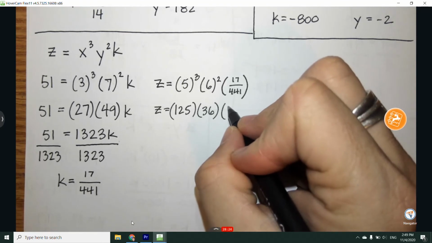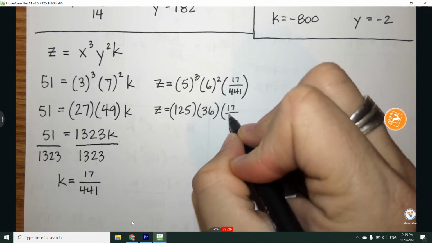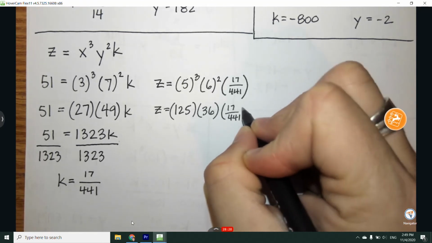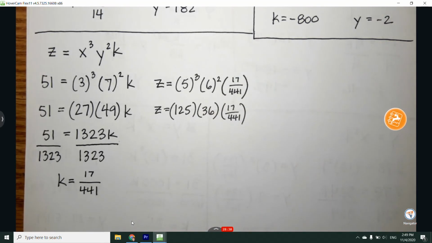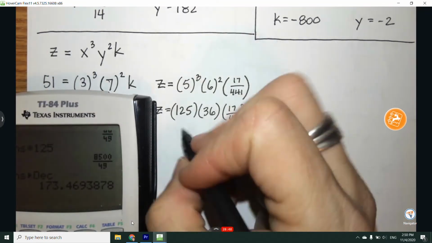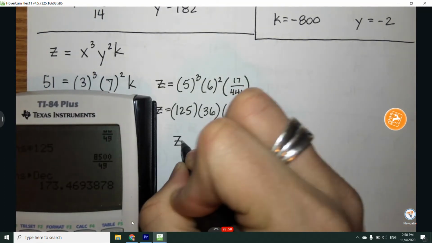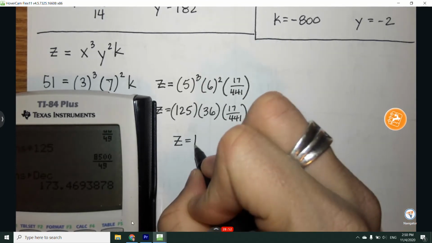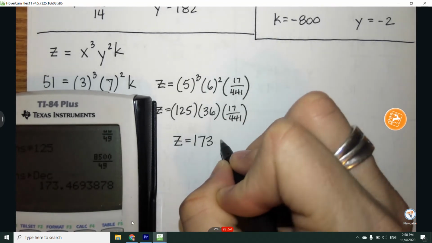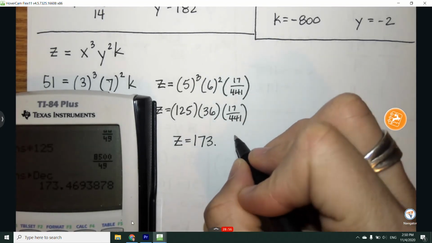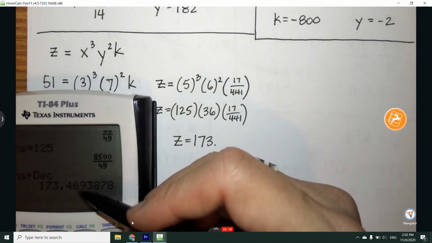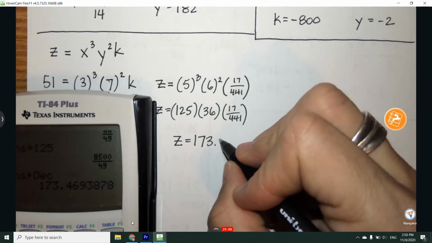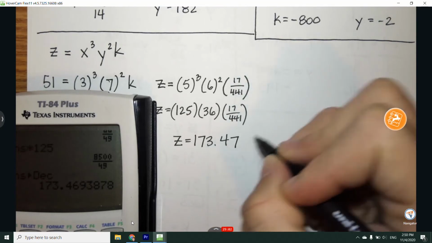And we're multiplying it times this fraction, our constant. Okay. So we're going to multiply all these things together, and it gives us a funky little decimal, which is what z is equal to. And we have to round it to 2 decimal places, or 100th place, right? Once again, this 9 makes this go up to be a 7, so it's going to be 4, 7.